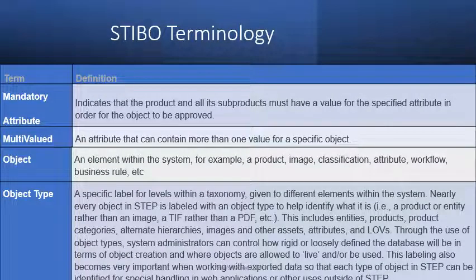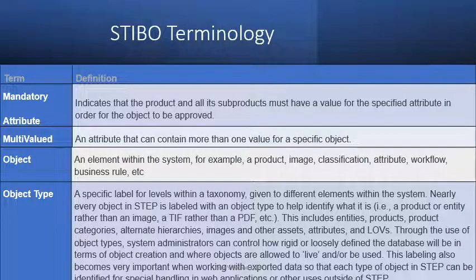Mandatory attribute indicates that the product and all the subproducts must have the value specified. Whenever you define an attribute, it has some mandatory options which have to be selected. In the next session, I can show you how these attributes are created.